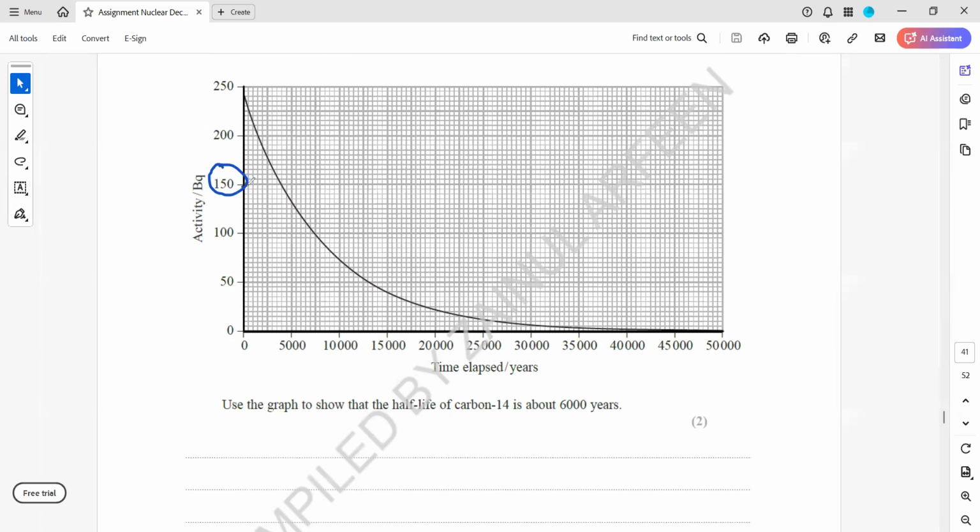So if you take 150, this is 4,000. 10 boxes equals 5,000, so each is 500. Because you can take any value, you can start with 200 as well.